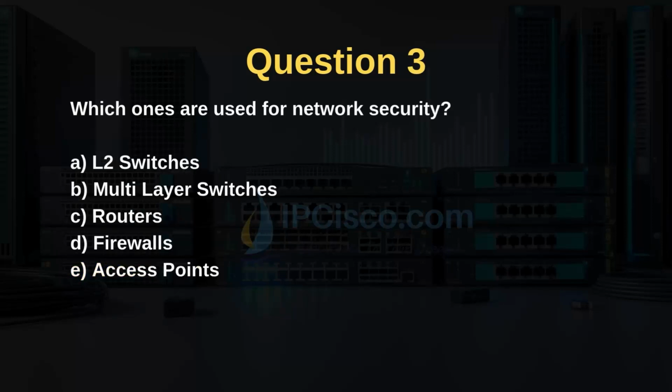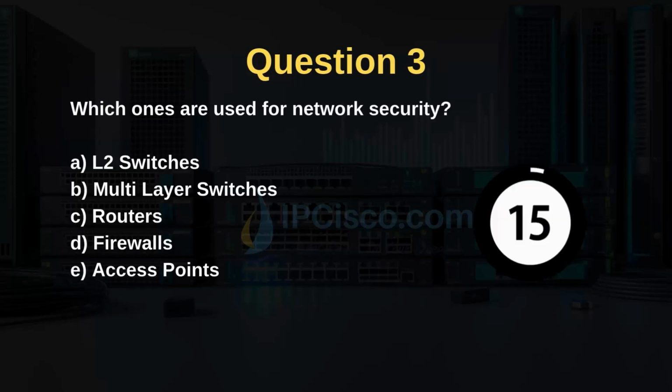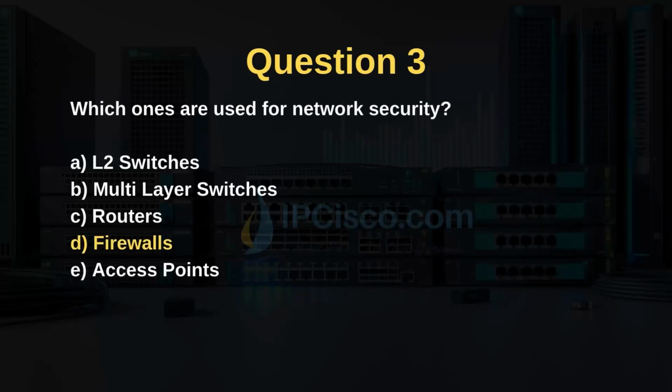Which ones are used for network security? Layer 2 switches, multi-layer switches, routers, firewalls, access points. The answer is D, firewalls.